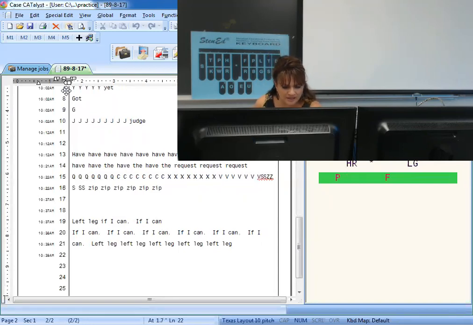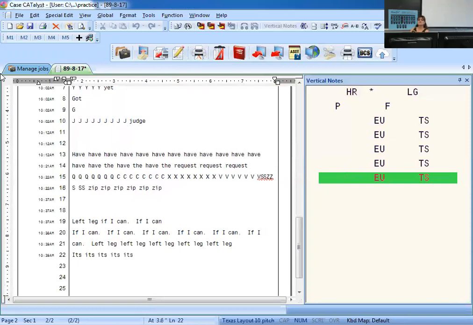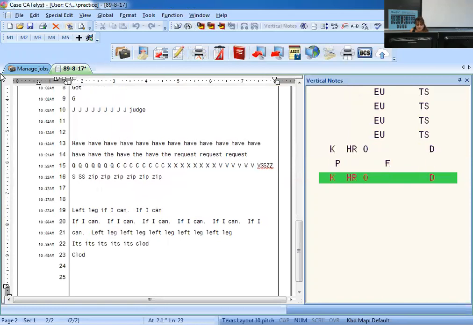And so real quickly, "its" is just E-U-T-S, all in one stroke, okay? Remember, it's not an ending, that's the word itself. So "its" is E-U-T-S, its. It's not an ending. That's the word. So you can write it in one stroke. Clod is K-L-O-D, clod.